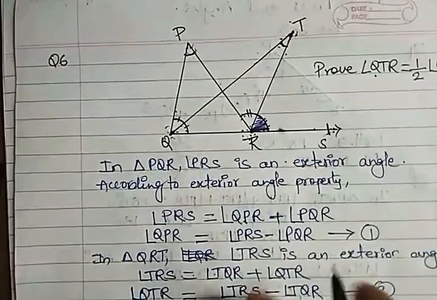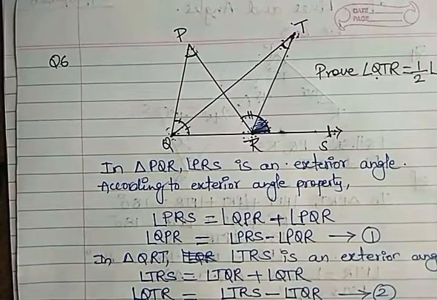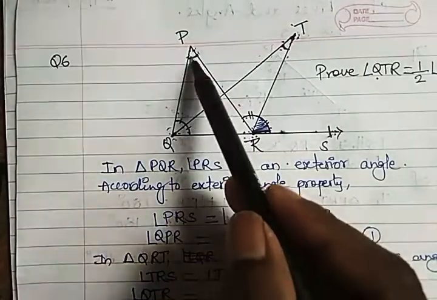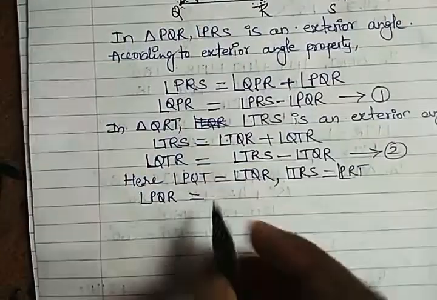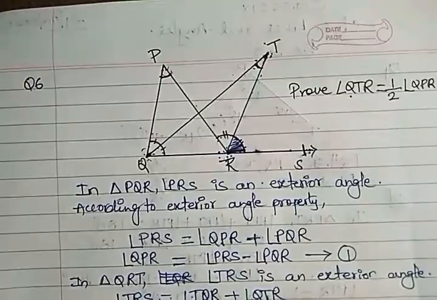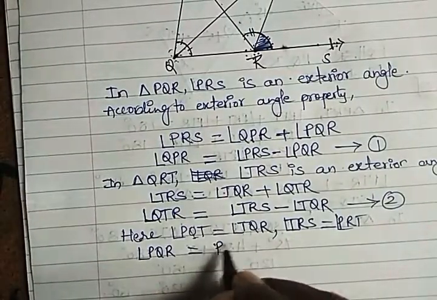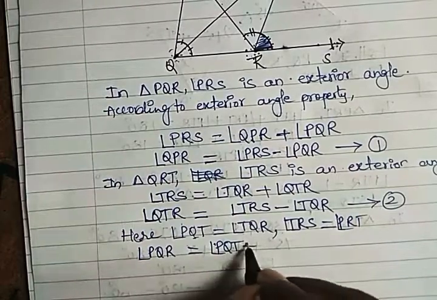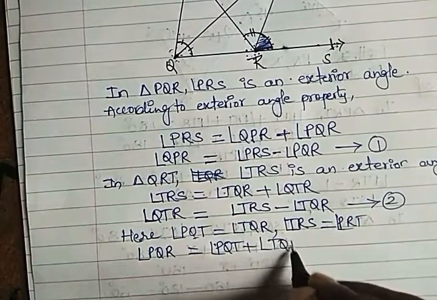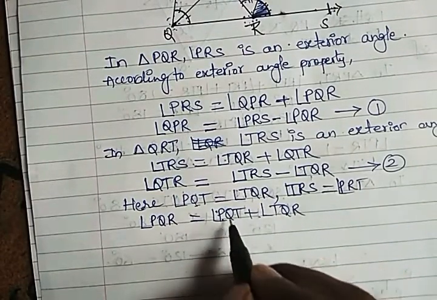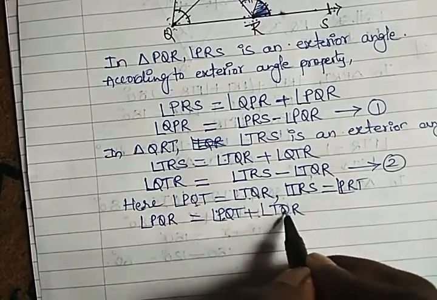So we will write that property. Angle PQR, which has been bisected, is equal to the sum of two angles, right? What are they? PQT plus TQR. These two are the same, so in place of PQT we will now write TQR.